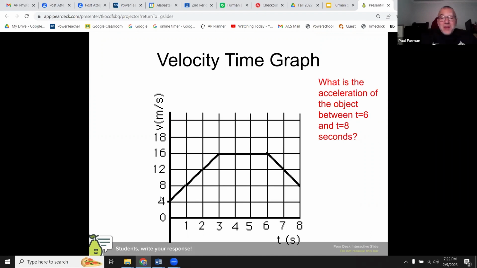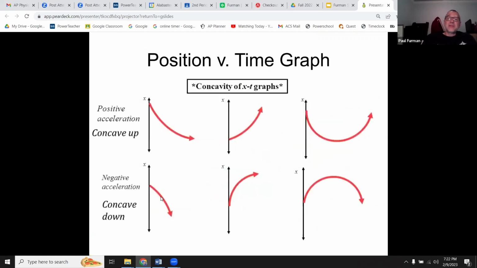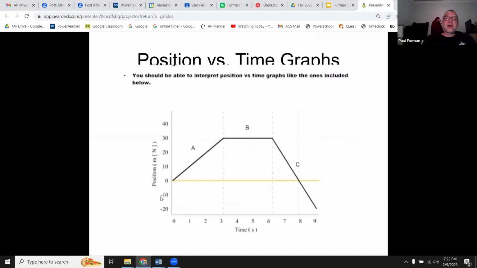A common mistake, and something I tell my students all the time, is before you start answering questions for a graph, make sure you understand what type of graph it is that you're looking at. And if I go back a few slides to the position versus time graph, in this graph, notice during segment B, this object is standing still. It is stationary. It's sitting there at 30 meters, and during that segment, it does not move.